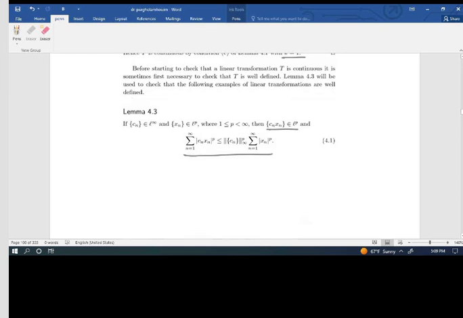Another lemma: if c_n is in L infinity, meaning this is a sequence in L infinity, and x_n is in L^p for p from 1 to infinity, then c_n x_n will be in L power p, and we have this inequality.